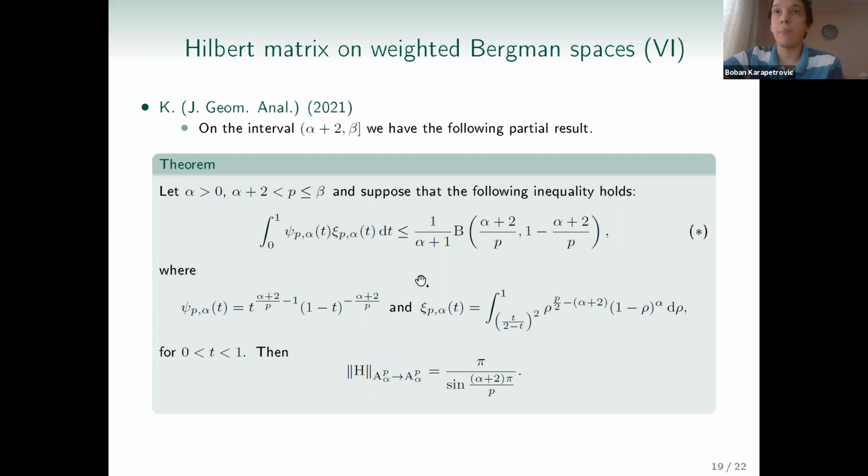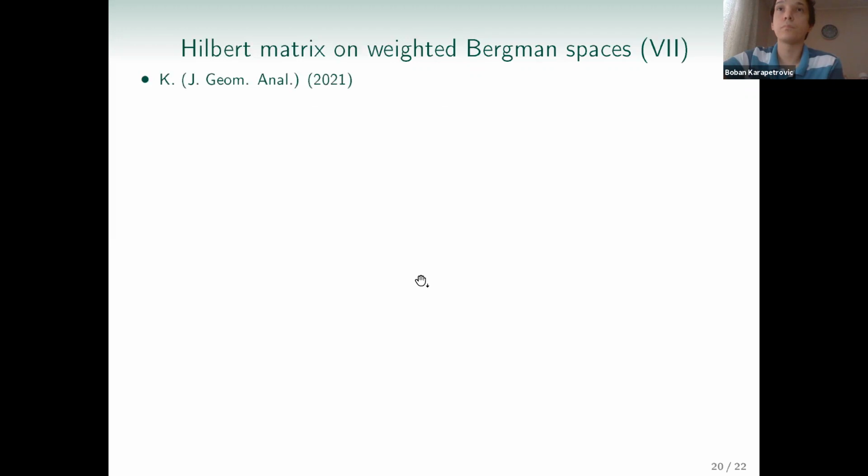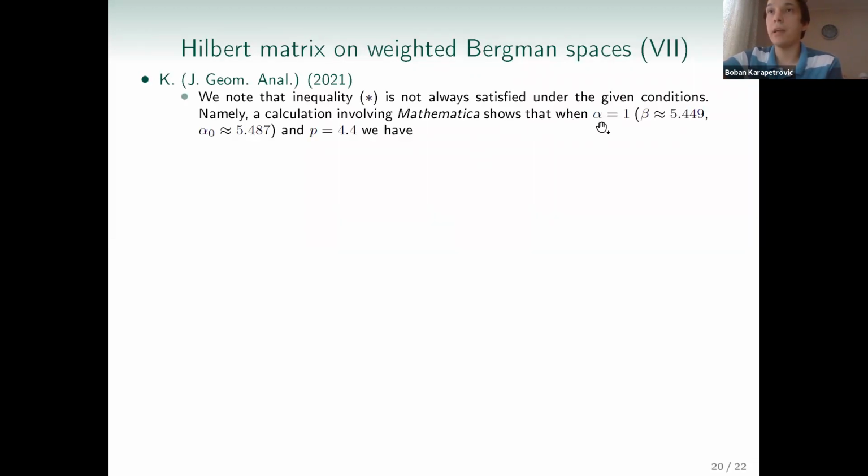So, for example, if alpha is equal to 1, in that case, we have actually that beta is approximately 5.449 and alpha 0 is 5.487.